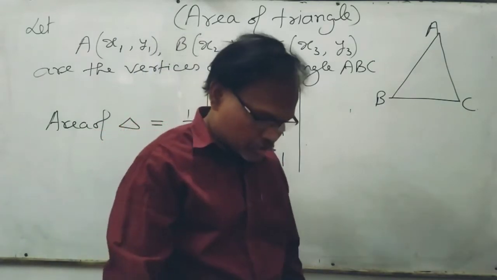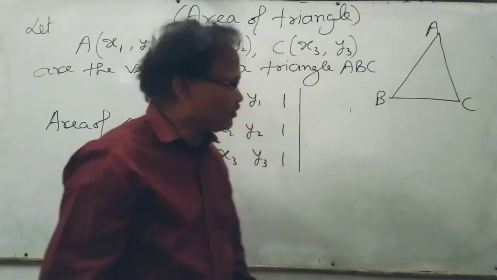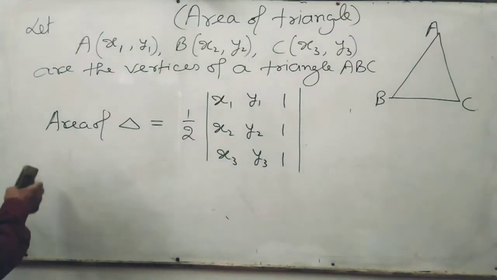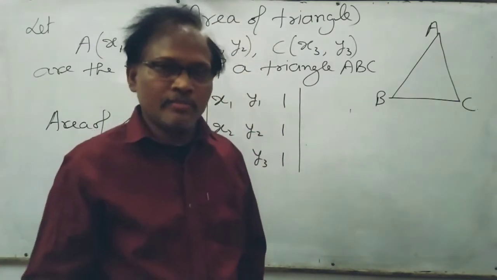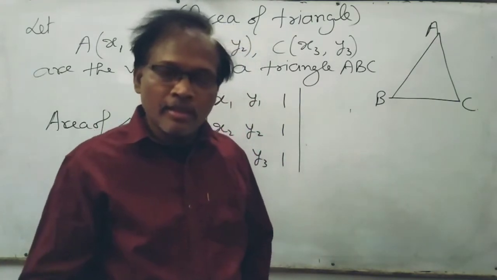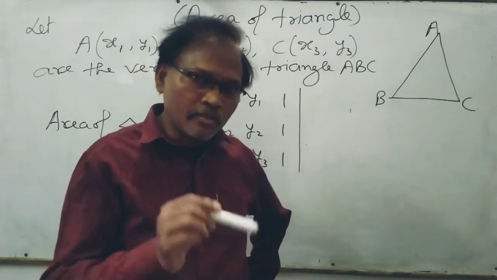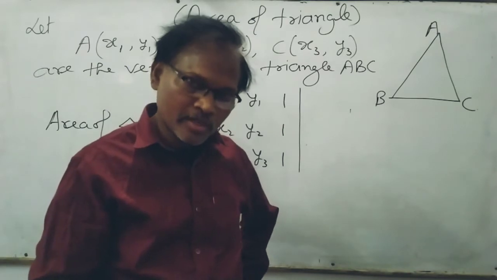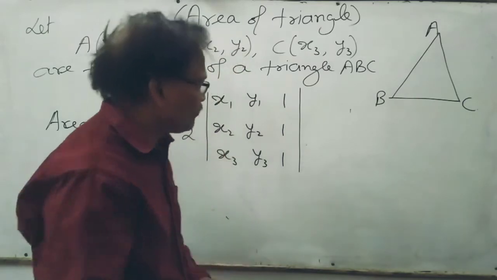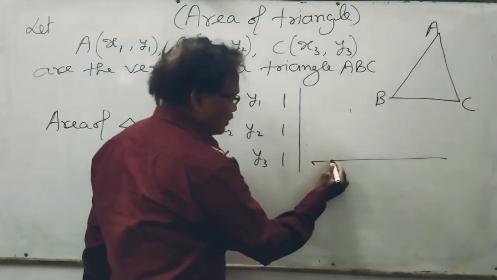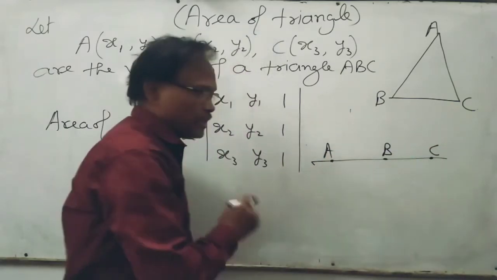I am telling you one question here, to find the area of the triangle using determinant, using this formula. But before that, one more thing about the area of a triangle: if the 3 points are collinear, can you get the area of the triangle? Collinear means the 3 points are on the same straight line, A, B, C on the same straight line.